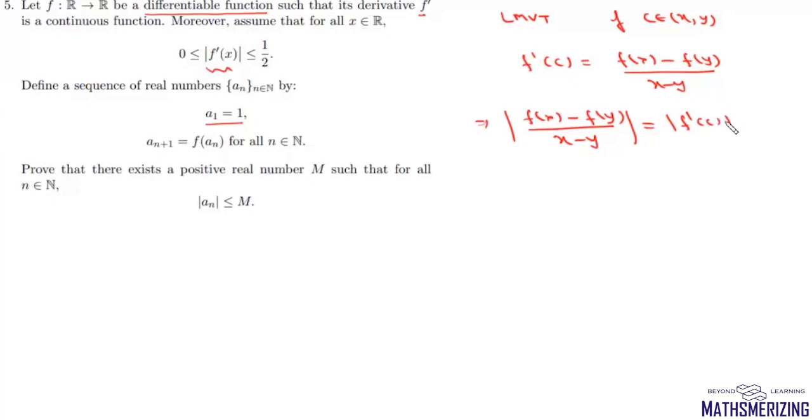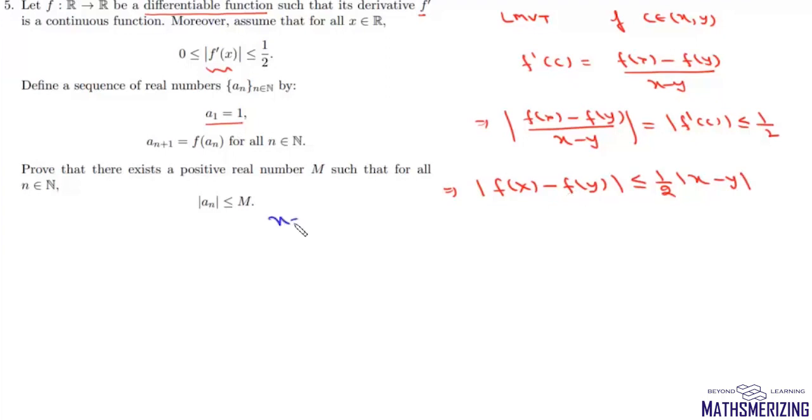Now in the question it says any derivative, its modulus will always be less than or equal to 1 by 2. So we can write this is always less than or equal to 1 by 2. So from here we'll get this condition, which is mod of f(x) minus f(y) is less than or equal to 1 by 2 into mod of x minus y.